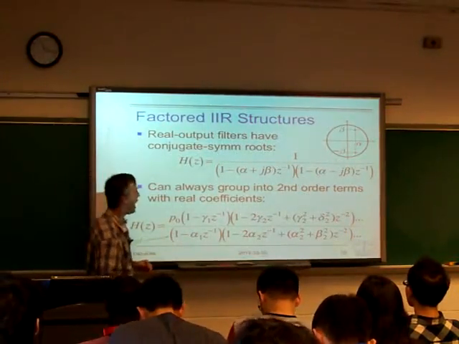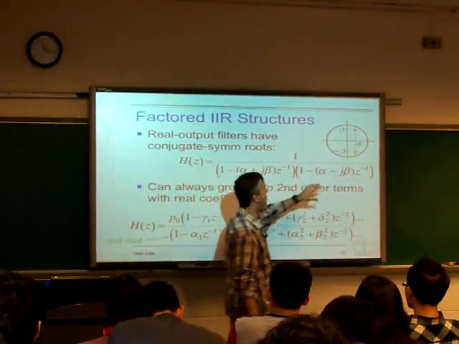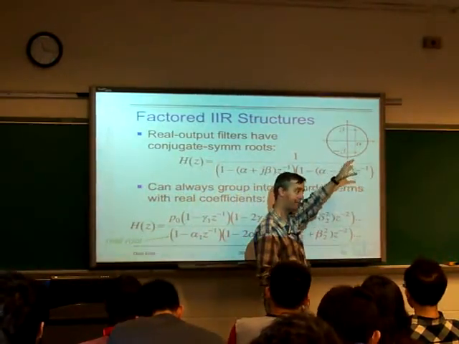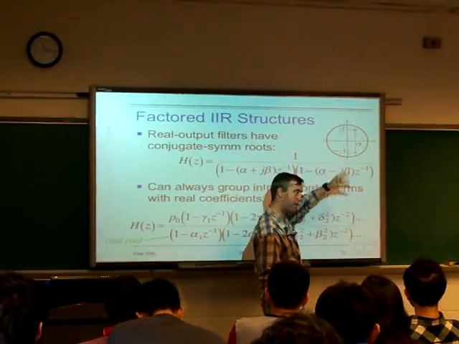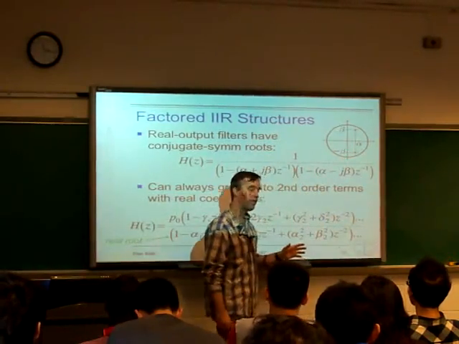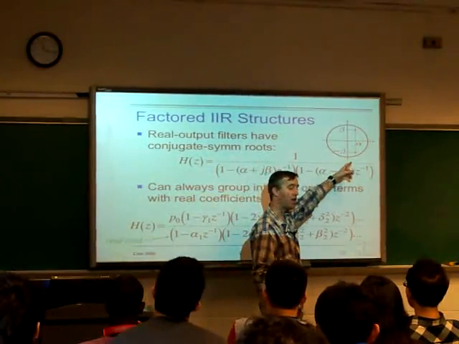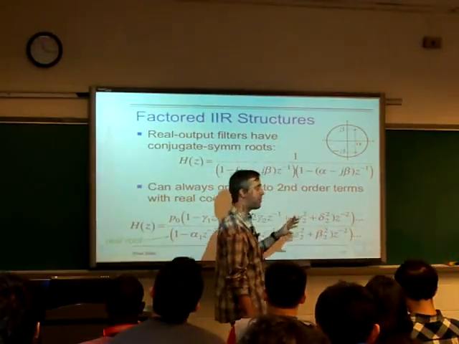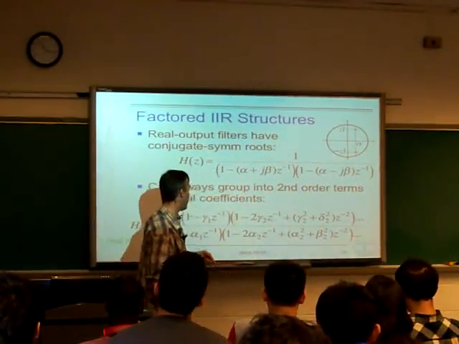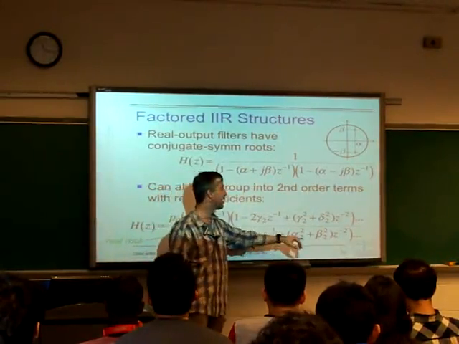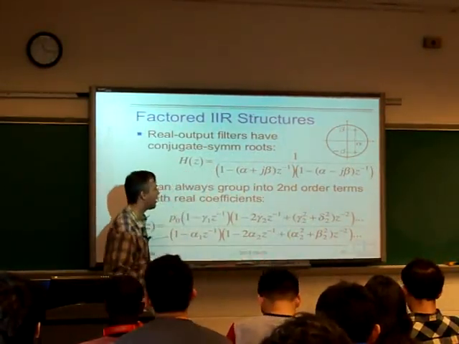And in particular, if we have systems which may have complex poles, if the overall system has a real valued impulse response, then we'll always have the poles with their conjugates, and so we'll always be able to group them into pairs such that we end up with purely real valued coefficients coming out.